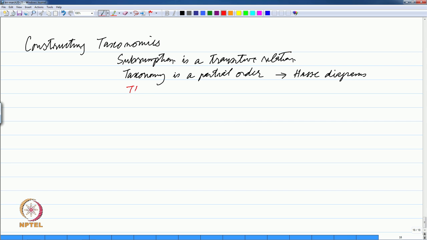So, you have thing at the top, and then it may have some children, they in turn may have other children, and this process goes on.